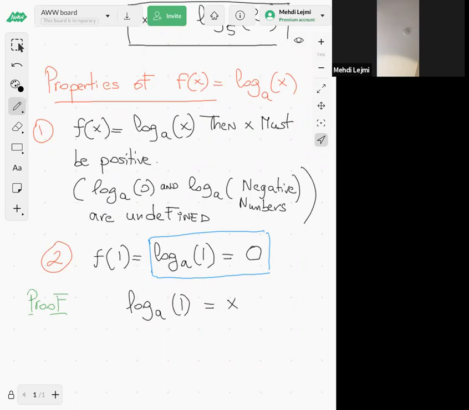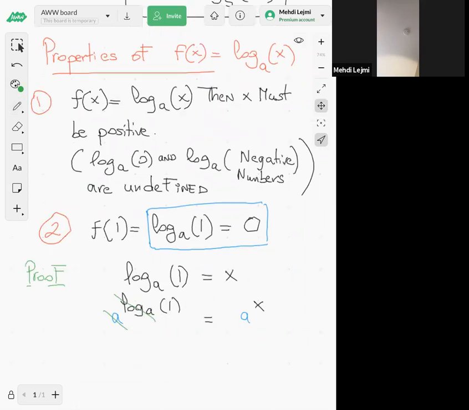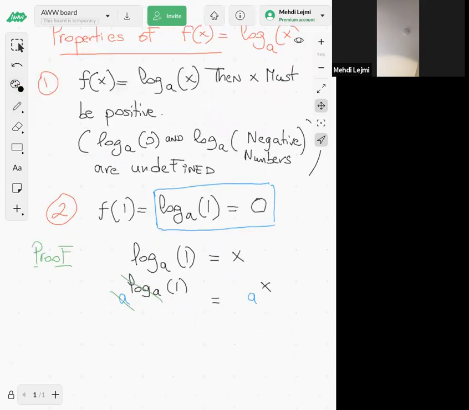We want to get rid of the log, so you apply the exponential in base a. Then you have a to the power log in base a of 1 equals a to the power x. As we said, the a and the log cancel out, so you end up with 1.